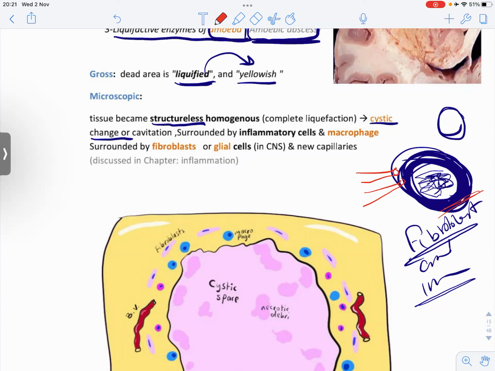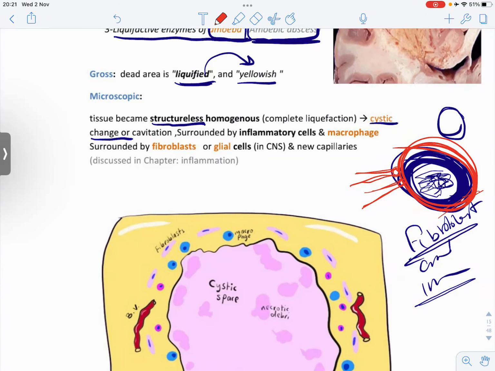So in liquefactive inflammation, we will see, of course, liquid. It's yellow in color. Of course, it's structureless because there's complete liquefaction. Of course, there is cyst due to fibroblast and immune cells. And also we will find new capillaries. Why?